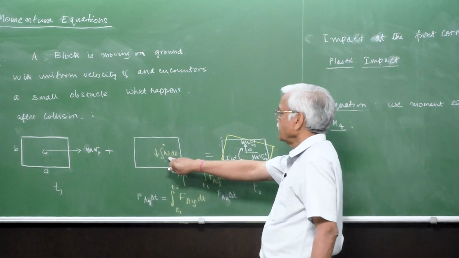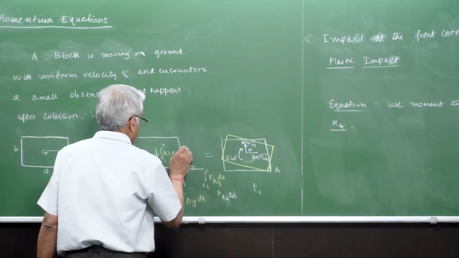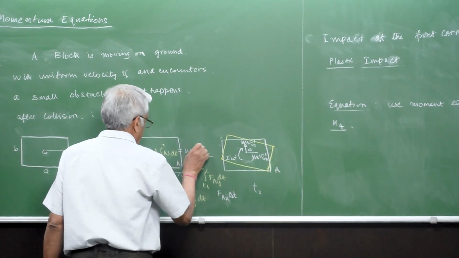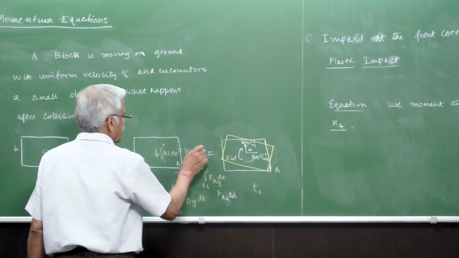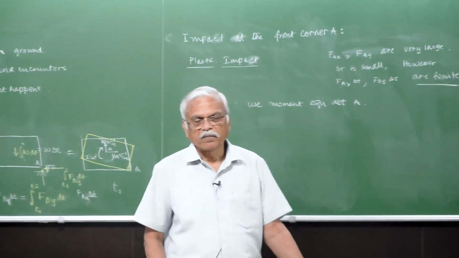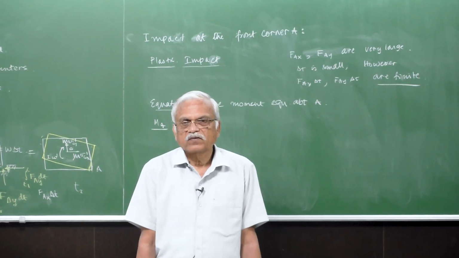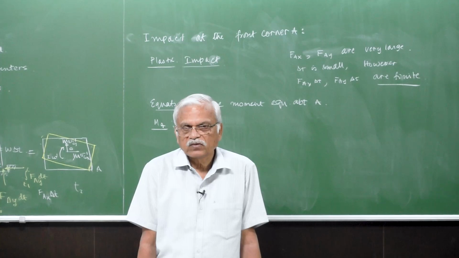And further, this W times delta T, which we write here, what is the magnitude of this W delta T? Delta T is very small, but W is finite. So that means W times delta T is very, very small.